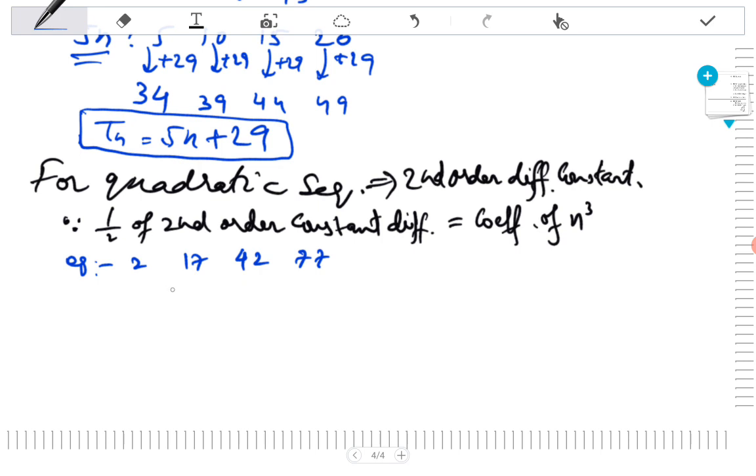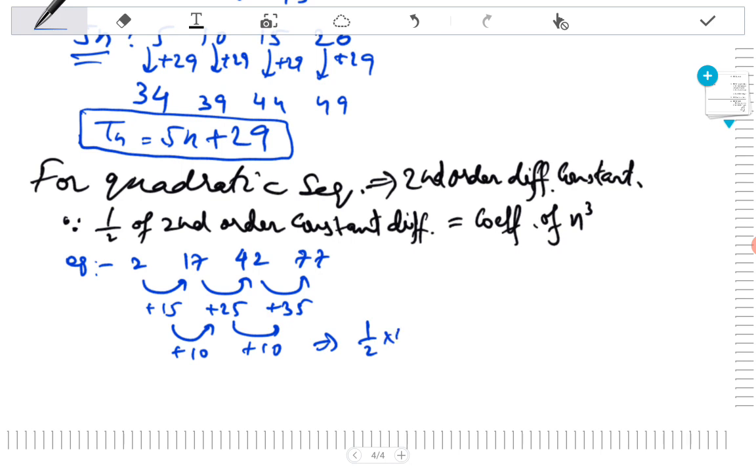So you can try the differences first. Plus 15, plus 25, plus 35. So first order is not constant, so try the second order. Plus 10, plus 10. So half of 10 is 5. This becomes the coefficient of n squared, 5n squared.